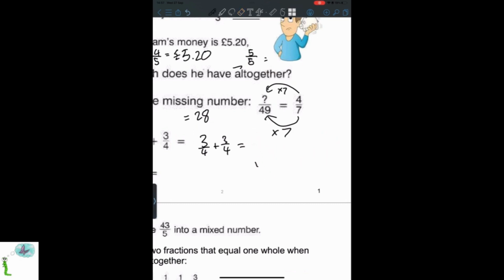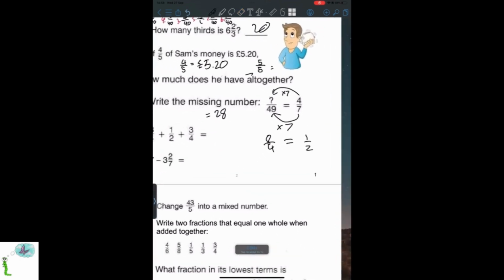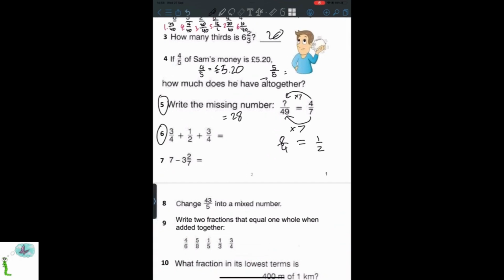And what we're going to get, 2 over 4 plus 6 over 4 is 8 over 4. And if you simplify that, you're going to get 2. There you go. And that's your answer.